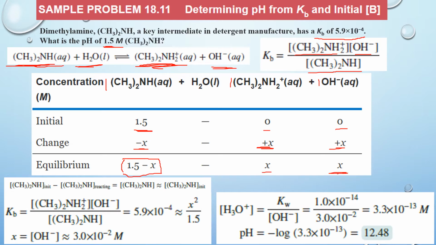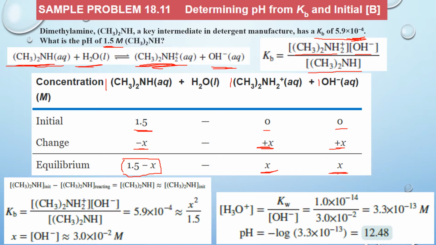Don't forget that we can also make assumptions. Because the Kb value is very small, 10 to the negative 4th, we can assume that x is going to be very small. A small Kb value means the equilibrium position is far to the left, so there's very little product generated. So we can ignore the consumption from the original concentration.